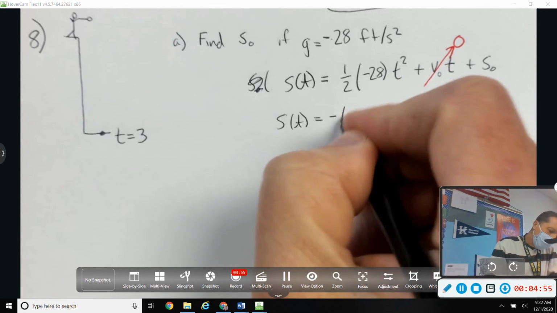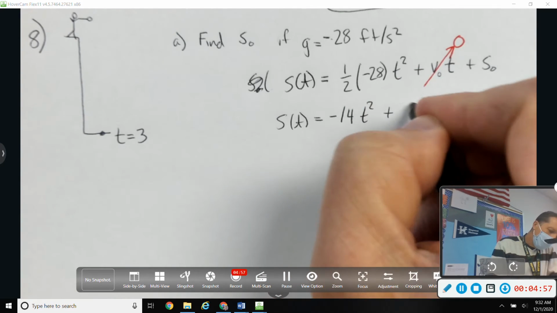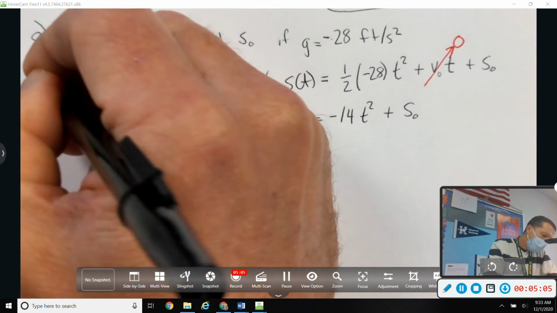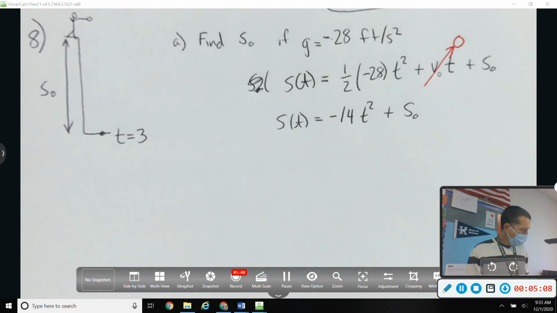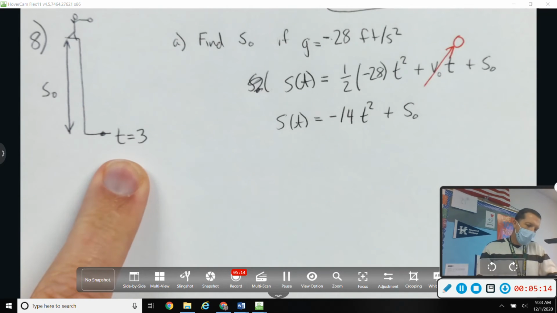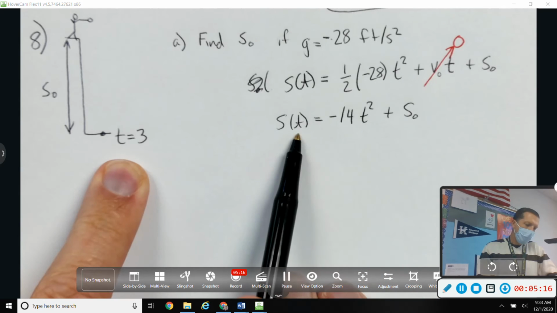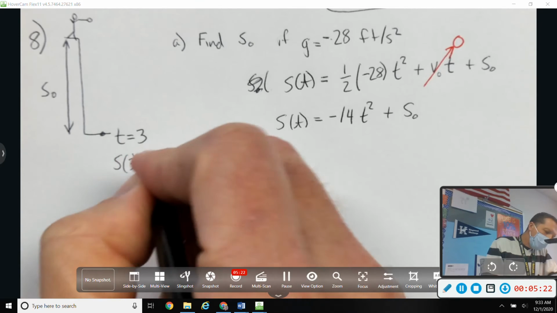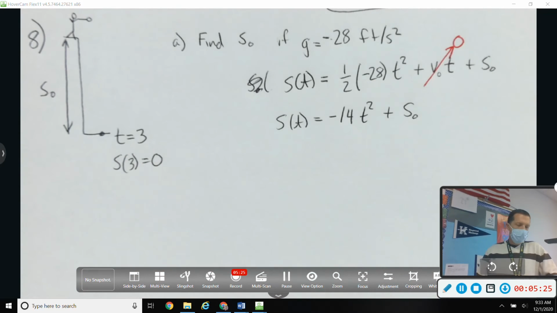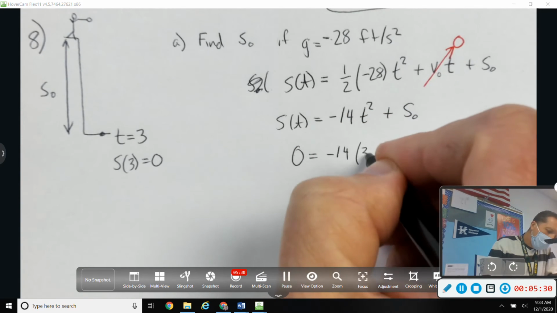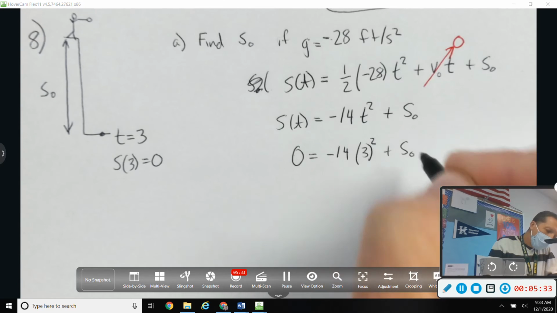So S of t is negative 14t squared plus S0, because we don't know this height. What do we know? At t equals 3, it's at the bottom. So s of 3 equals 0. So 0 equals negative 14 times 3 squared plus s0.